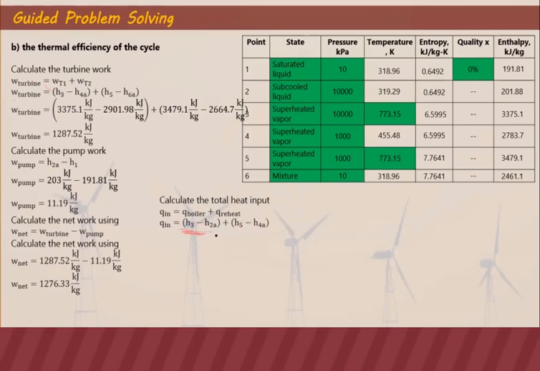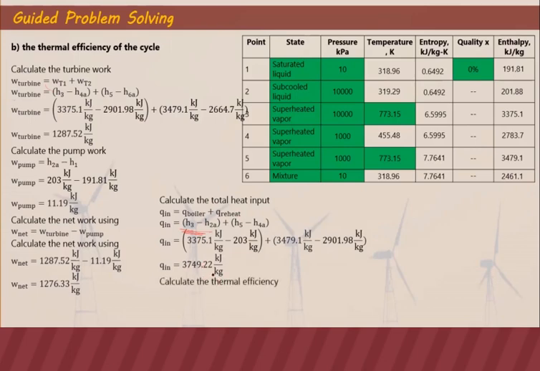H3 minus H2A is for the boiler, and H5 minus H4A is the reheating. Substituting the values, our total heat input is 3,749.22 kilojoules per kilogram.